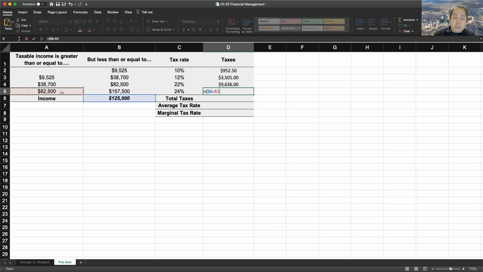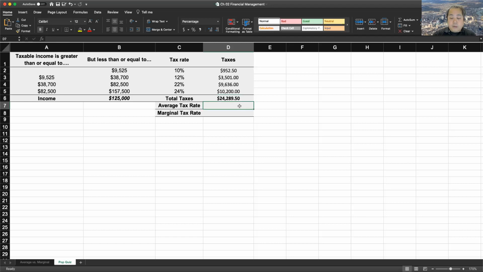So you pay up to this part, at 24%. And if you add them up, then you pay $24,289.50. So the average tax rate is total taxes divided by your income, so 19.43%.